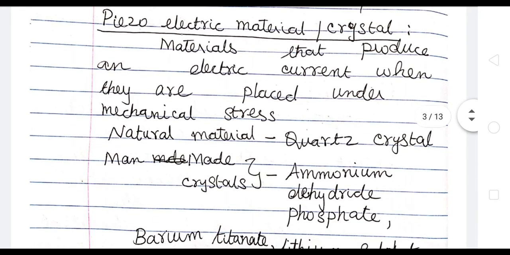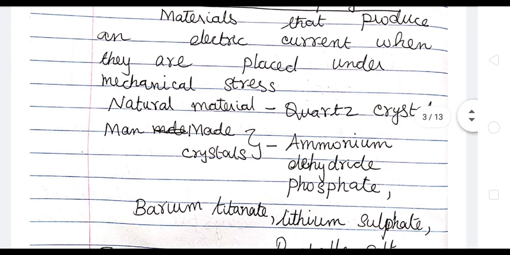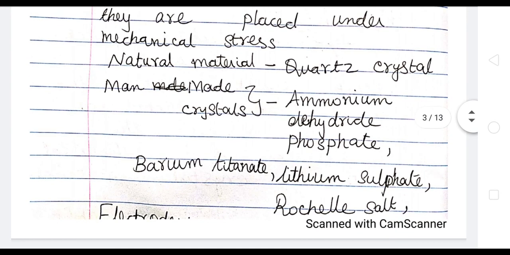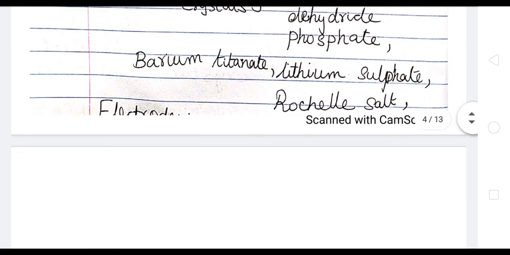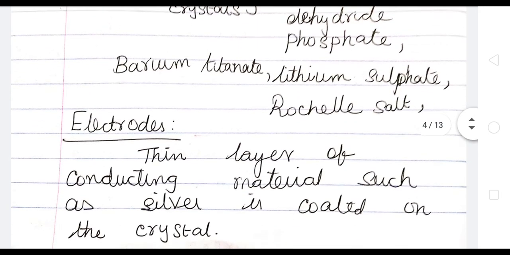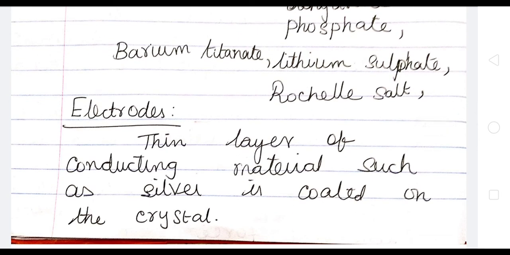The natural material available with piezoelectric property is quartz crystal, and the man-made crystals are ammonium dihydrogen phosphate, barium titanate, lithium sulfate and rock salts. So here the electrodes are formed by silver coating.